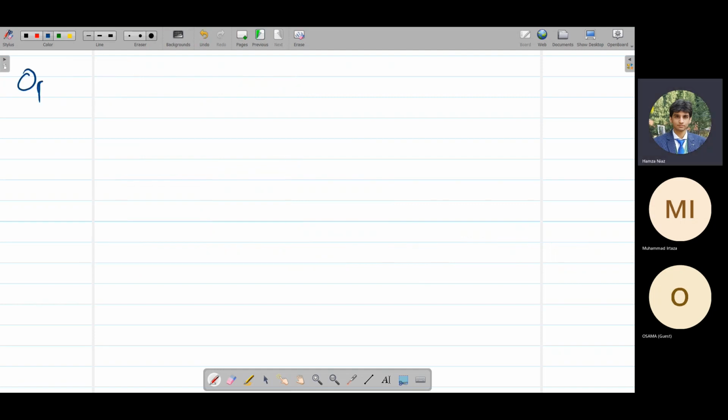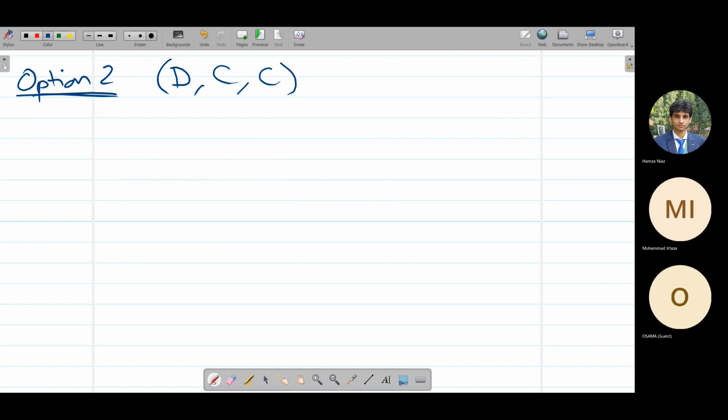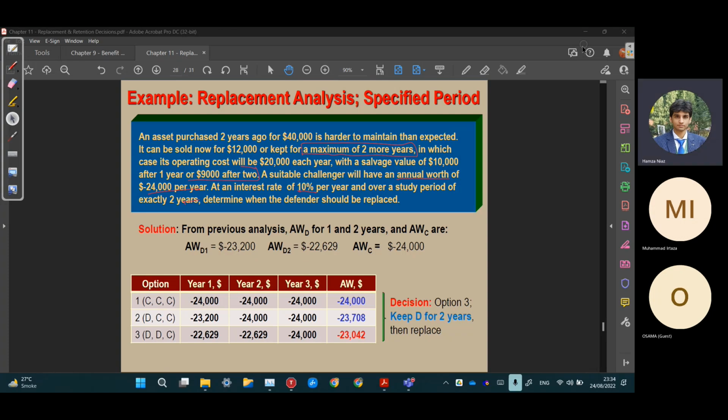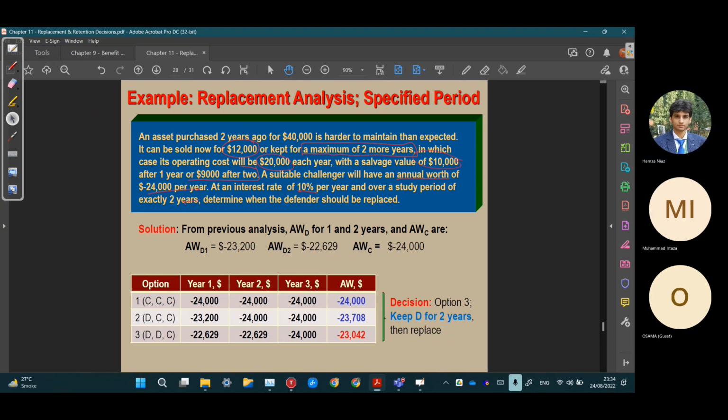In option two, what was option two? We can retain the defender for 1 year and then replace it with challenger. So if we are retaining the defender for 1 year, if we draw the defender diagram, the defender's current market value was 12,000, I think. Yes, 12,000. And after 1 year, the annual operating cost is 20,000 and the salvage value is 10,000.